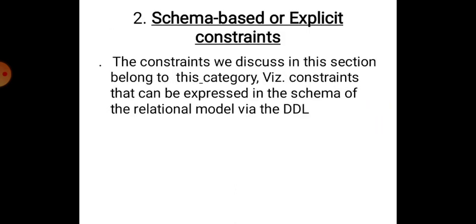Second, schema-based or explicit constraints. The constraints we discuss in this section belong to this category, namely constraints that can be expressed in the schema of the relational model via DDL.